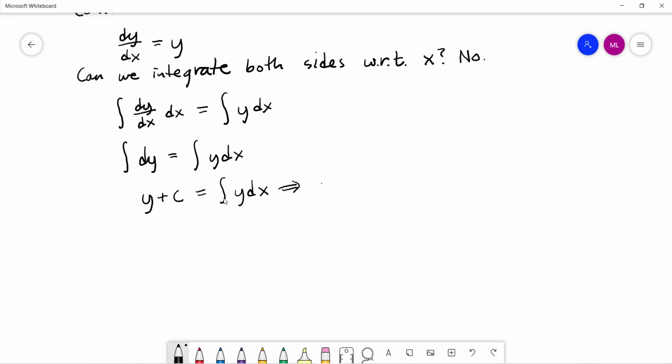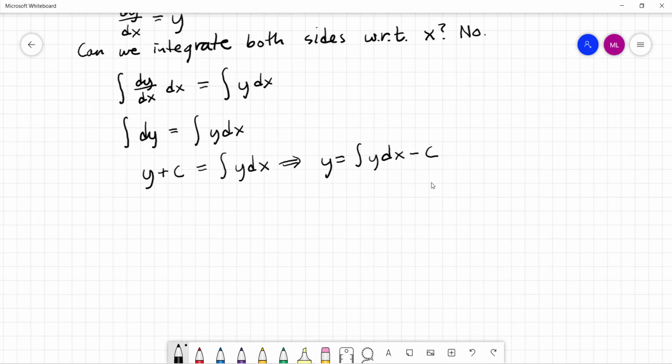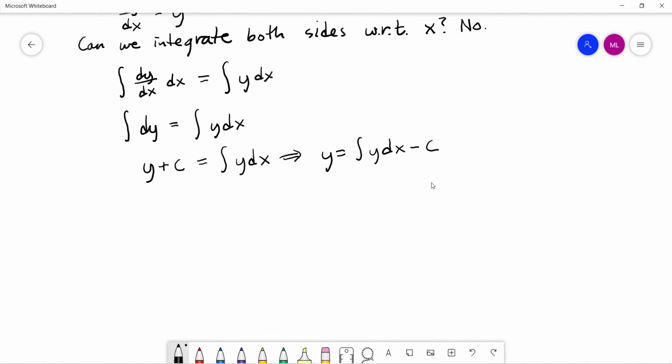If I were to solve for y by moving that c over to the other side, and technically it would be minus that particular constant c, or plus some other constant c, it doesn't matter, we come up with an equation like this. And it turns out this thing is called an integral equation. And they're even more of a pain to solve than a differential equation.